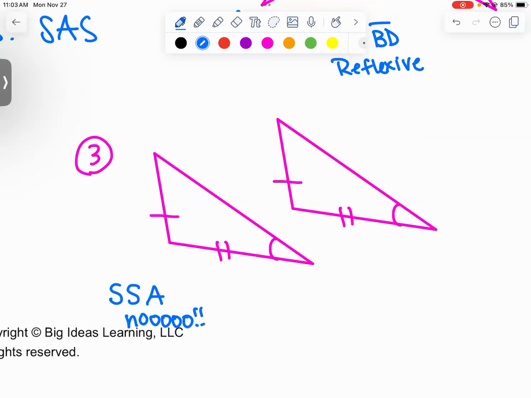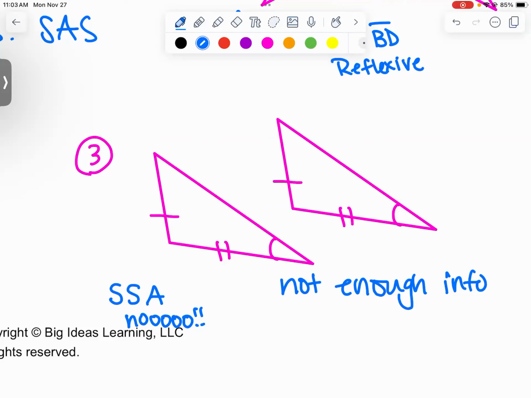No, we don't use that word. Okay. So we don't have enough info in order to determine if these two are congruent or not. There is no such thing as side angle, only side angle side.